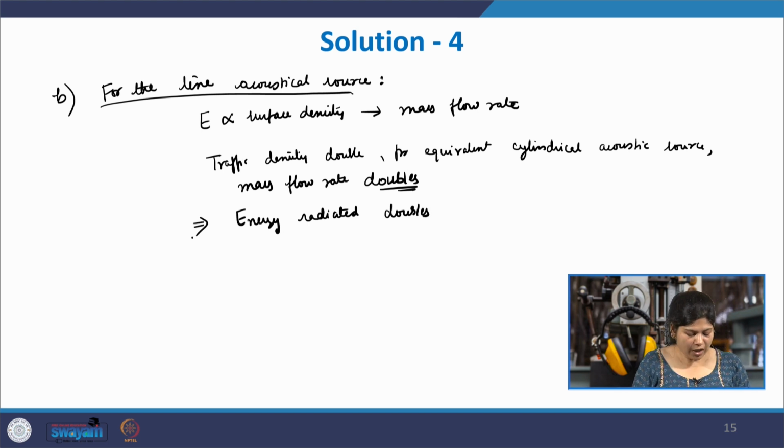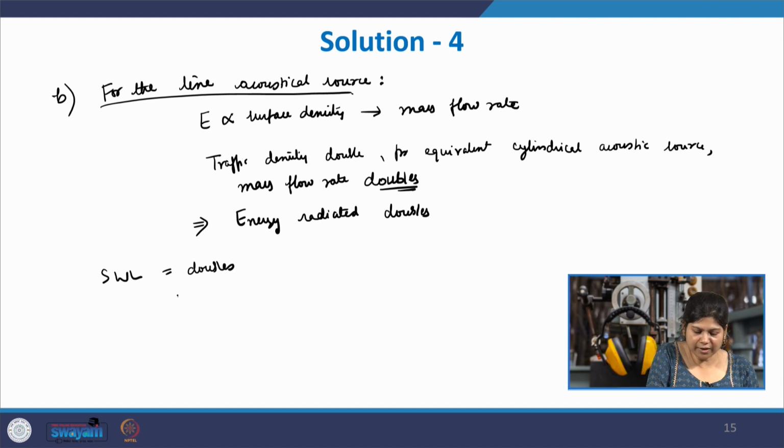Okay. So, now what it means for our question at hand is that now the net sound power level is doubling up. Okay. So, SWL, because now the source is having double the strength. So, the sound power level doubles. Okay.